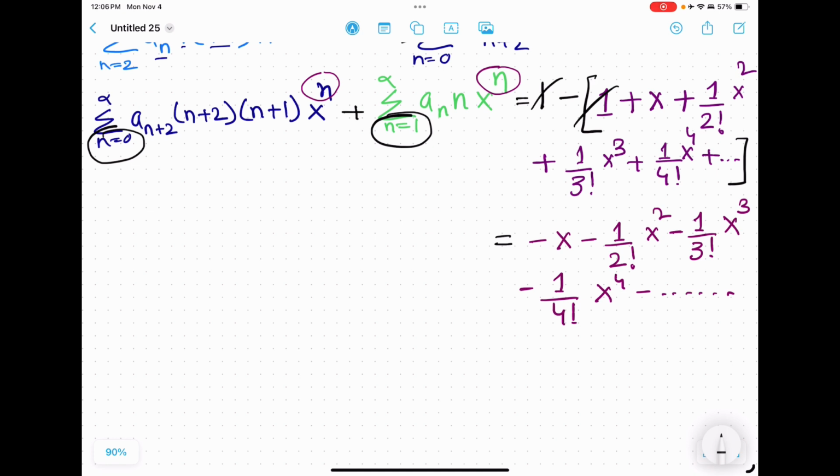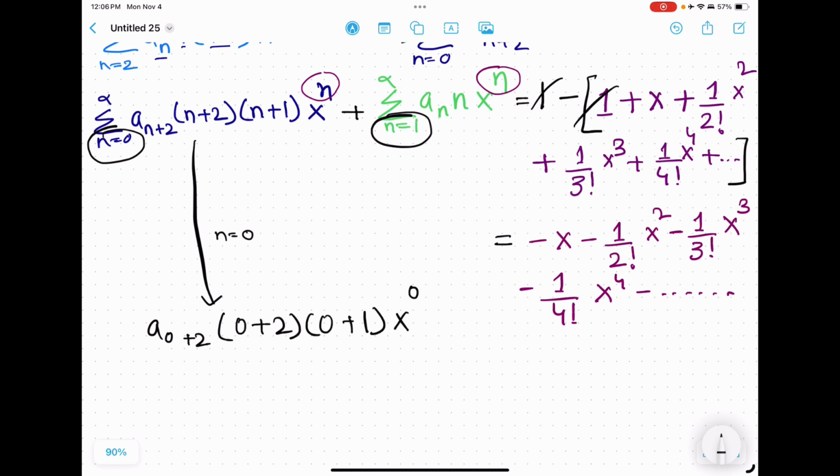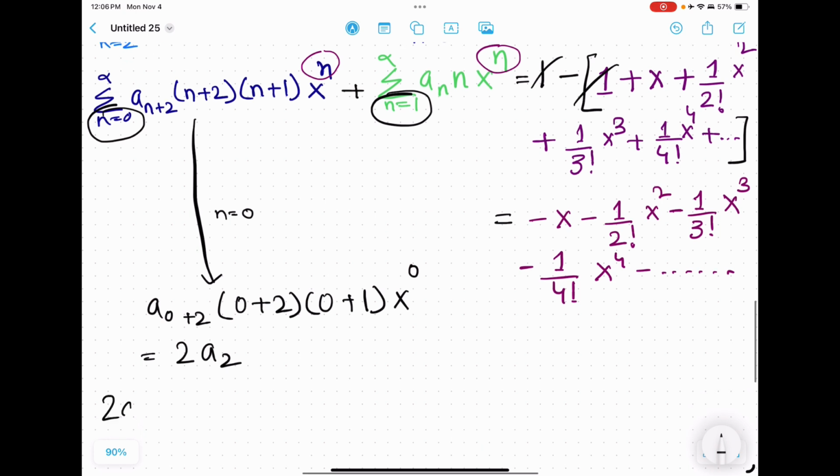And in order to do that, I have to write my n equal to 0 term separately, okay? So when n is equal to 0, this thing becomes a sub 0 plus 2 times 0 plus 2 times 0 plus 1, x to the power of 0, which is just 2a sub 2, okay? So let's write that.